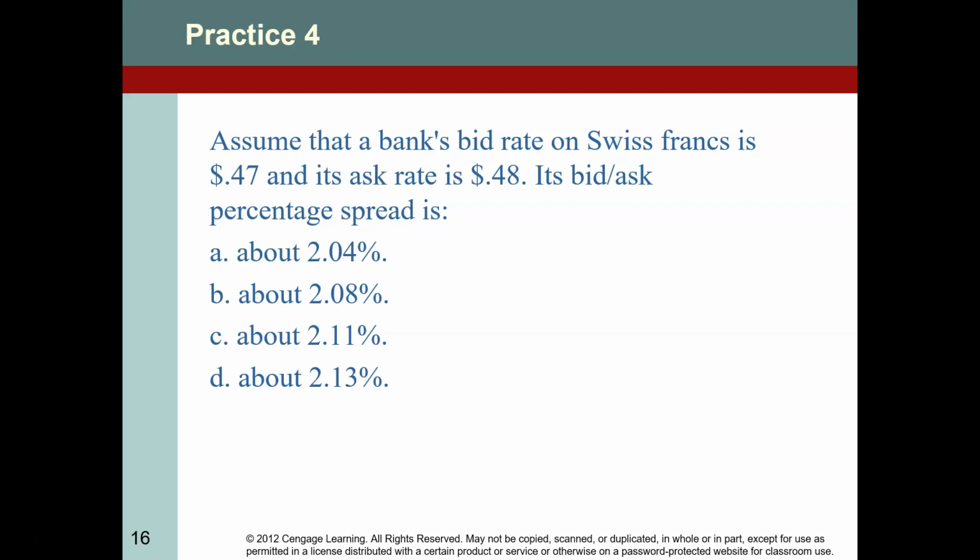Try to write down the information here. The bid rate is 0.47, ask rate is 0.48. And try to recall what is the formula for bid-ask percentage spread. It should be ask minus bid divided by ask, right? So you could plug the numbers in. You could also bring out your scientific calculator. Try to do the calculation and let me know which one you would go for.